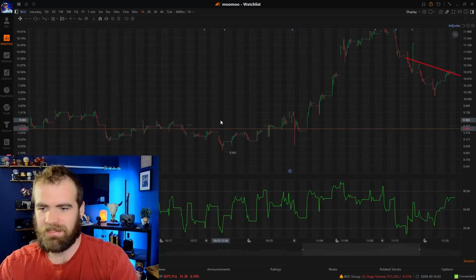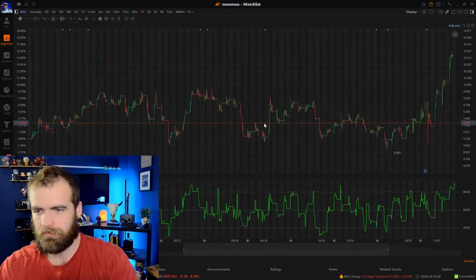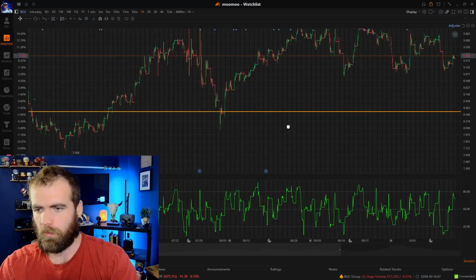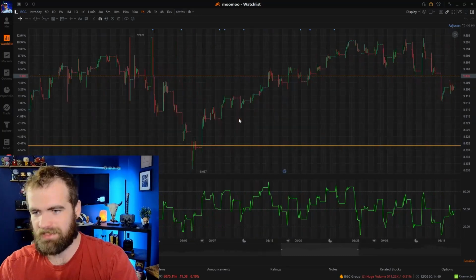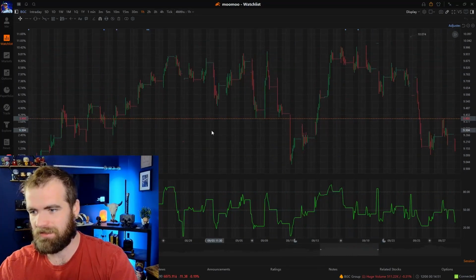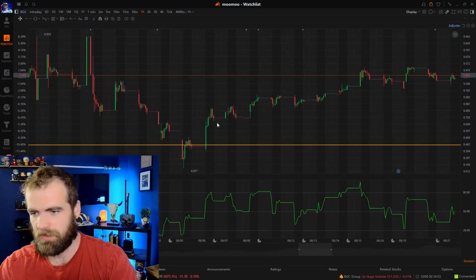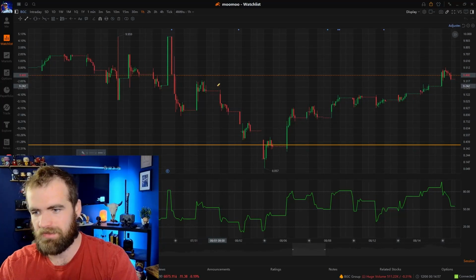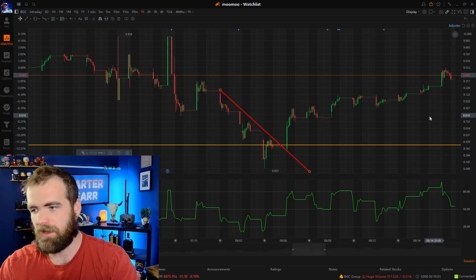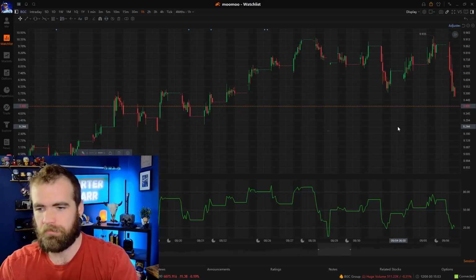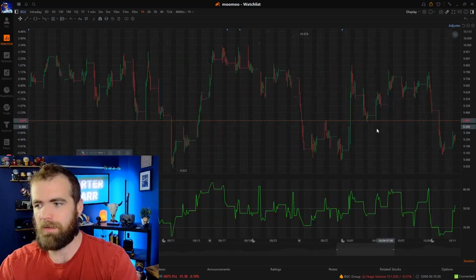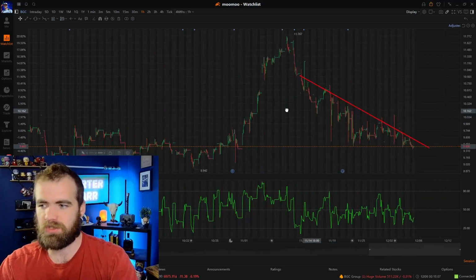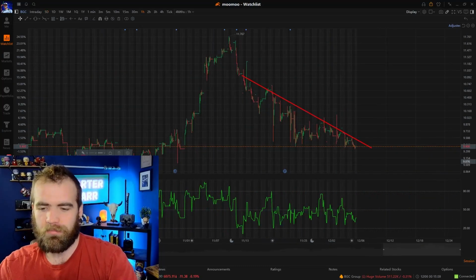You guys can see that if we zoom out here, where it's done it in the past would be something like this here, where we've had the general downward trend. You get in on that breakout and the stock rallies its way up. It's something similar to that, but this is a very simple strategy you guys can use to start making money.